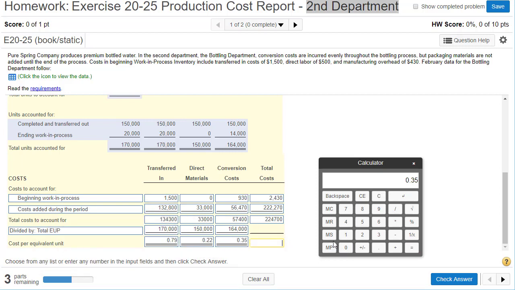So to get the total costs, we're just going to add up these three. 0.79 plus 0.22 plus 0.35 gives us $1.36.